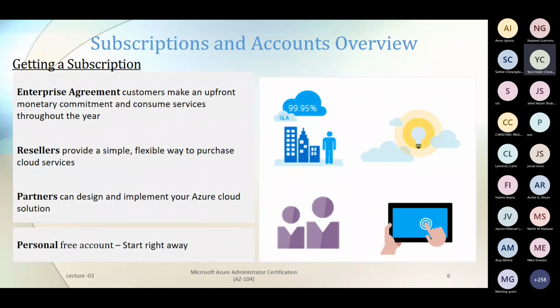So what is an enterprise agreement or enterprise subscription? With an enterprise agreement, a customer can add Azure to their agreement by making an upfront monetary commitment to Azure. Suppose you can give an upfront payment, and you can take an Azure subscription as an enterprise agreement.